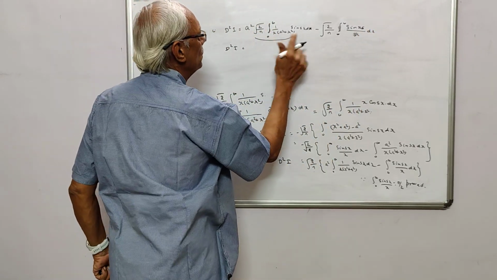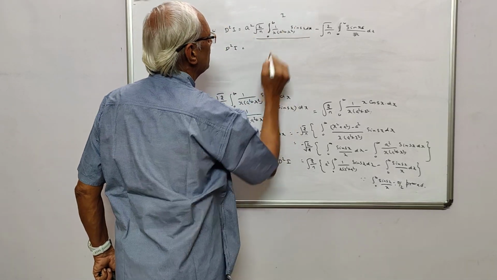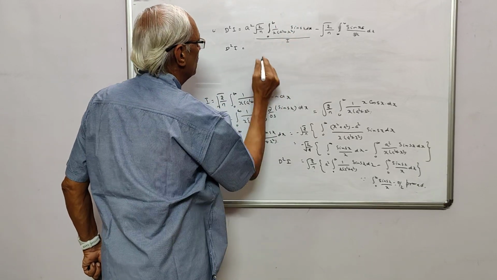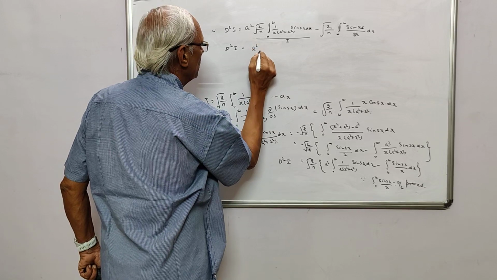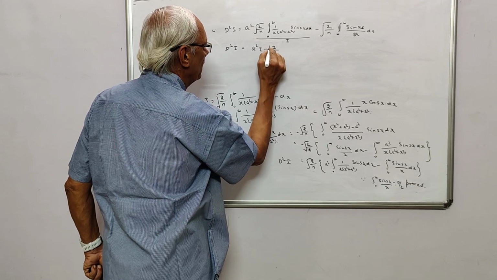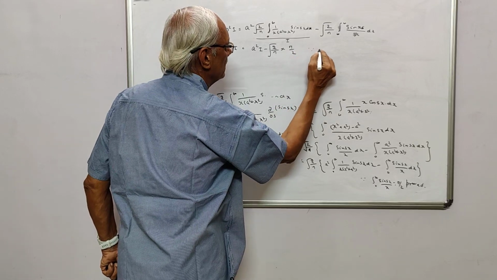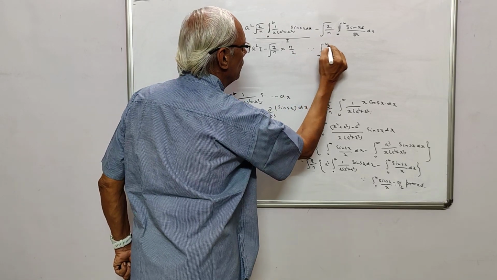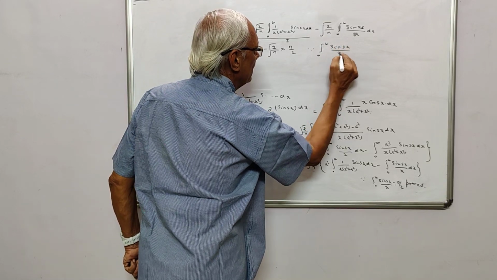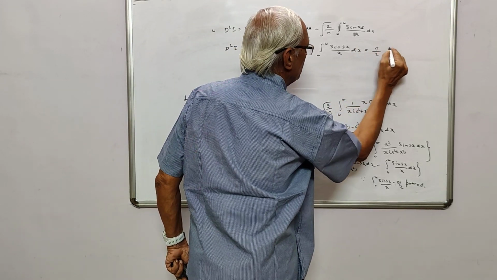Now you see that this integral is your I. So you get this to be your a squared I, minus 2 by pi square root of that into pi by 2, since the integral from 0 to infinity of sine sx divided by x dx is equal to this.